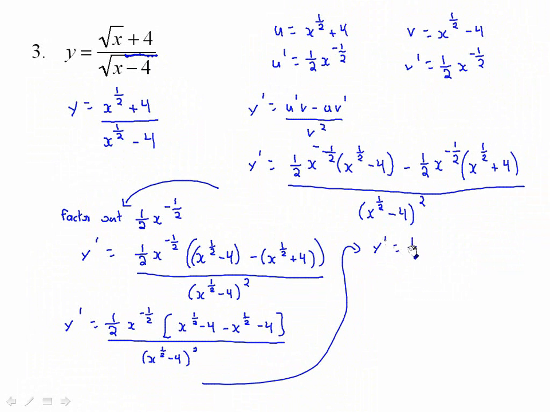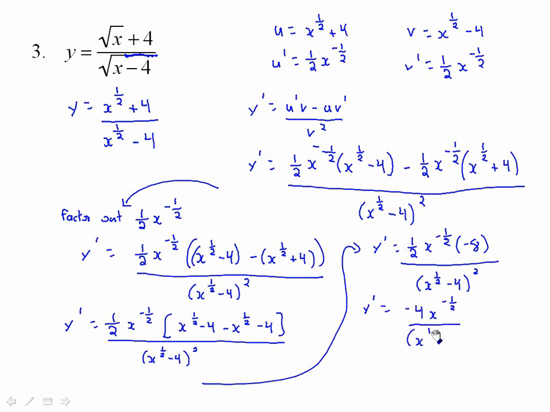We'll have that 1/2 x to the minus 1/2 there, and then in the brackets minus 4 is minus 8, and that's all over x to the 1/2 minus 4 squared. And then that gives you y prime. Negative 8 times 1/2 is negative 4, and then x to the negative 1/2 over x to the 1/2 minus 4 squared.